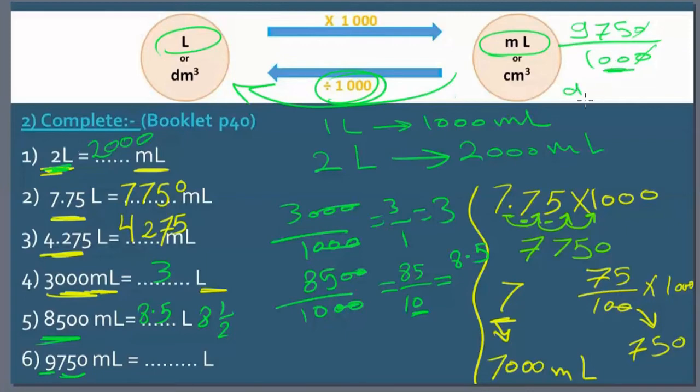So the answer is 9.75. Or another way to solve this, how many liters here? Yes, the 1,000 is 9. Yes, and I have 750, which gives me 3 over 4. So I have two answers here, 9.75 or 9 and 3 over 4.